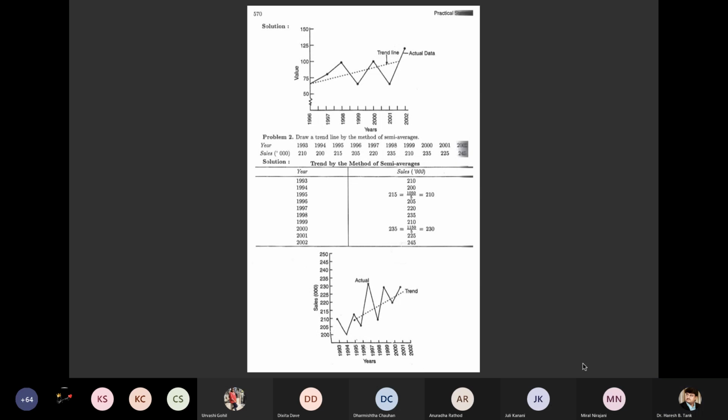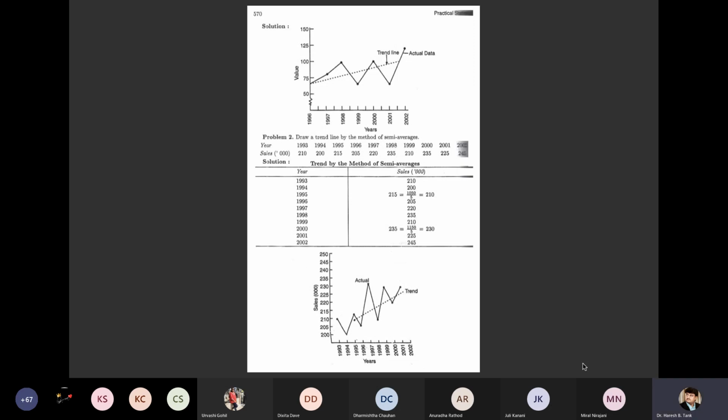Right? Now, you have to plot all these points on graph paper. As you did in the earlier method, the first thing to be done is to plot all the actual points on graph paper. The year starts from 1993 and goes up to 2002, so your x-axis should consist of 1993 to 2002.